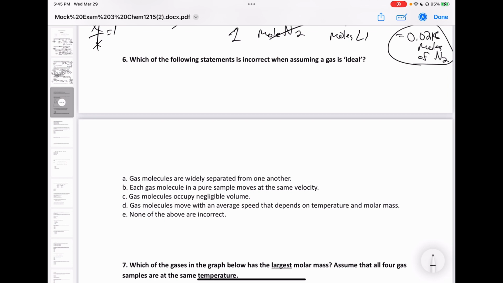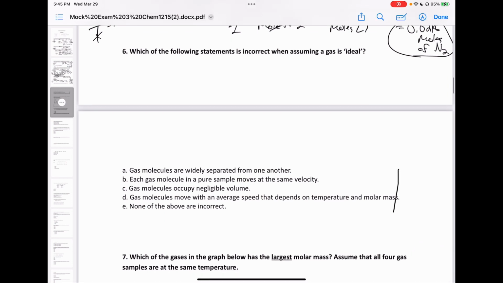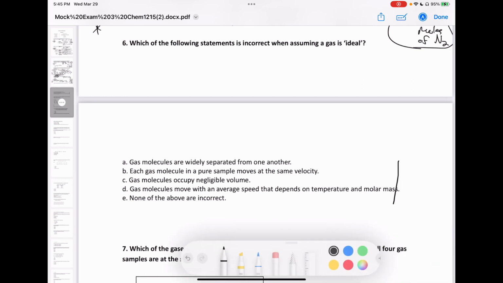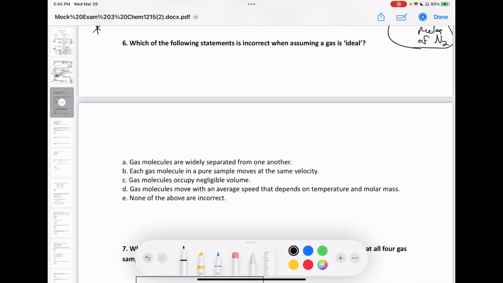So if we look at these, you see that for the first one, gas molecules are widely separated from one another. What was the question asking? Which of the following statements is incorrect? Okay, so we're trying to find which one of these is not an assumption we make. So it can't be this one.